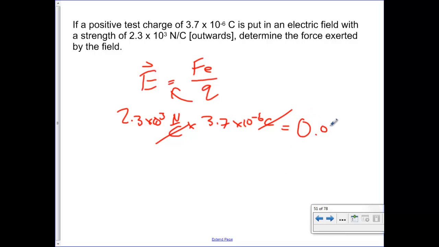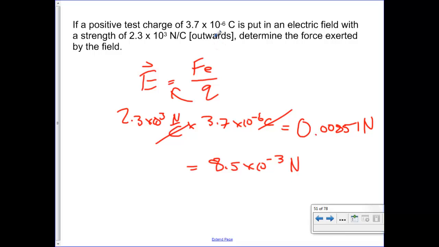I got 0.00851. So that's going to be 8.5 times 10 to the minus 3 newtons. One more thing though. Force is a vector, so I'm going to need a direction.